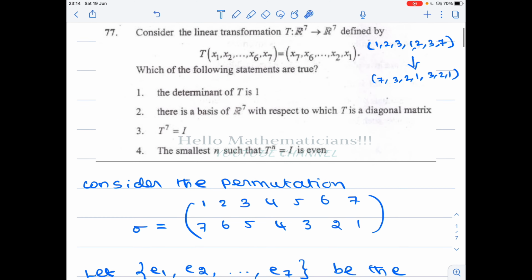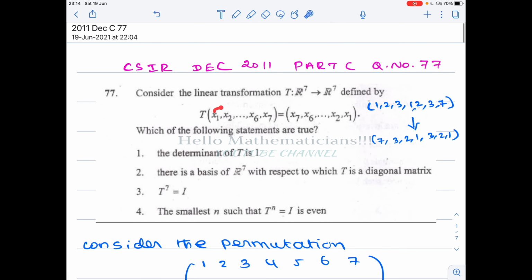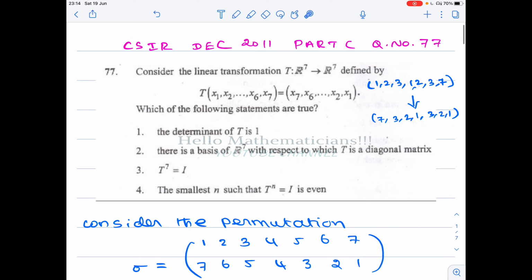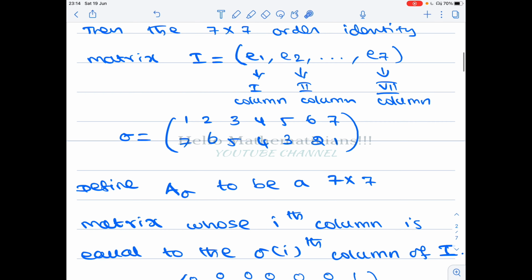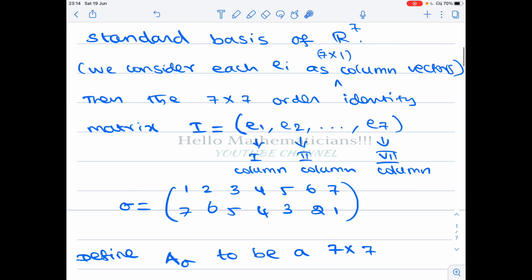Each vector in R^7 can be thought of as a row vector or equivalently as a column vector. For our convenience, we consider it as column vectors. Then you take the 7 by 7 identity matrix. Its first column will be e1, second column will be e2, and the last column will be e7, the vectors of the standard basis. That is well known.